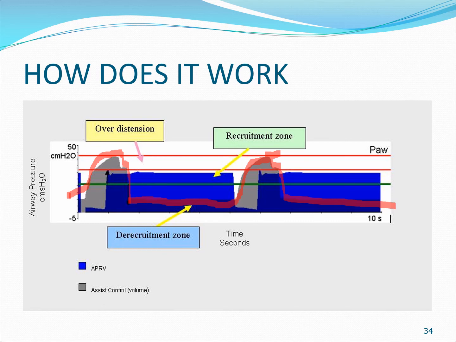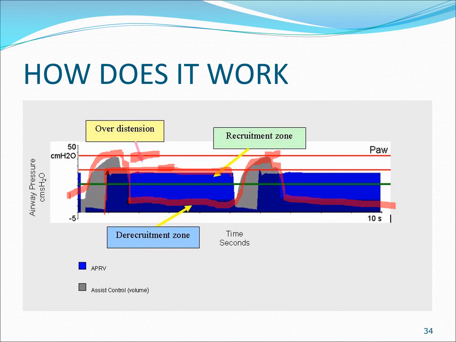APRV is the blue. The highest pressure the patient is ventilated at is the plateau pressure. Notice that the highest pressure right here is much lower than the peak airway pressure. What does that do? It prevents overdistension. So the patient inhales, and they have a long inspiratory time.